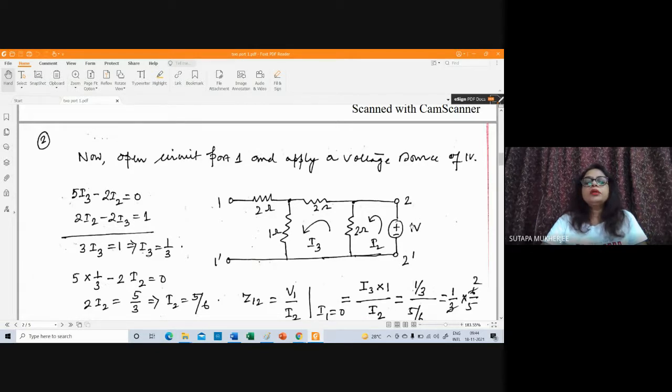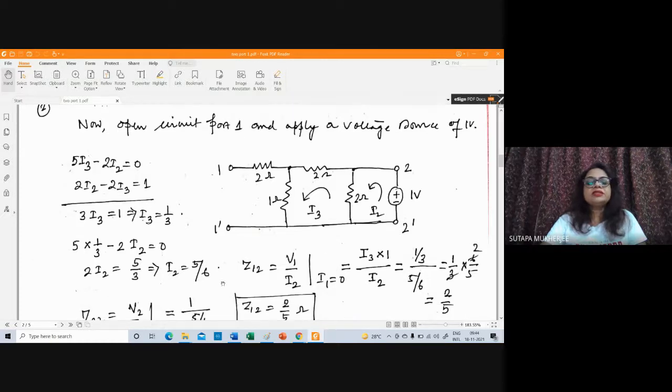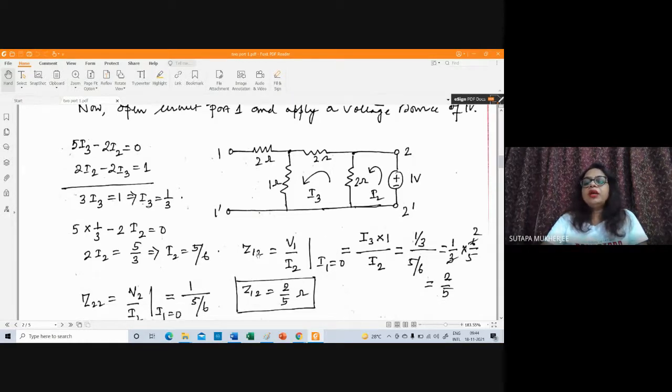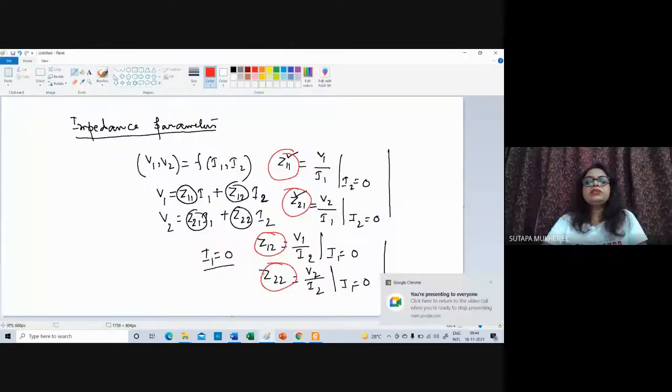Not necessary that you have to put 1 volt. So after simplifying these two equations, what you will get? I3 is equal to 1 by 3 and I2 will be equal to 5 by 6. Now, what is Z12? V1 by I2, provided I1 is 0.